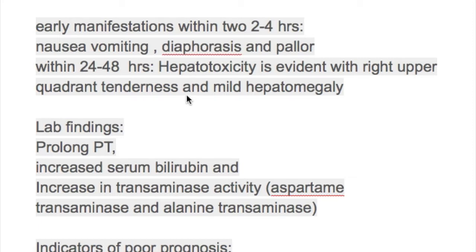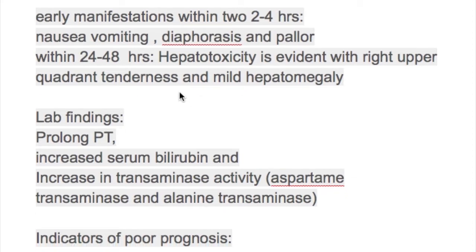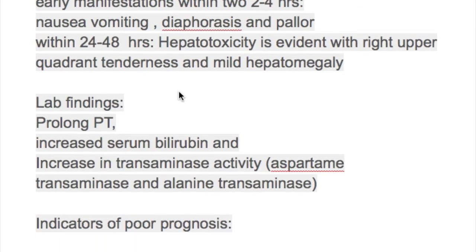Liver toxicity or necrosis may occur 6 to 8 days after ingestion of the drug if the treatment is not taken.